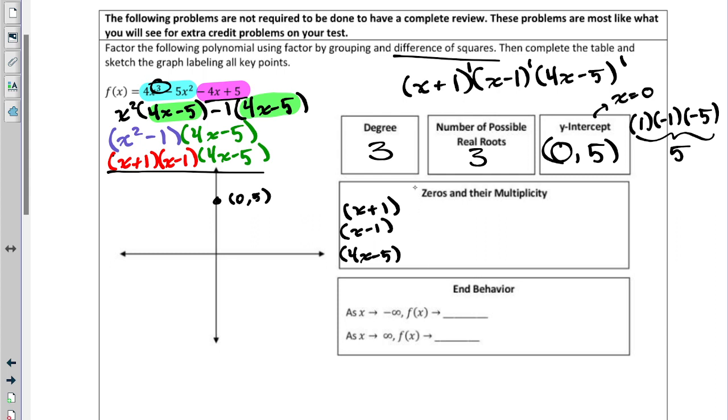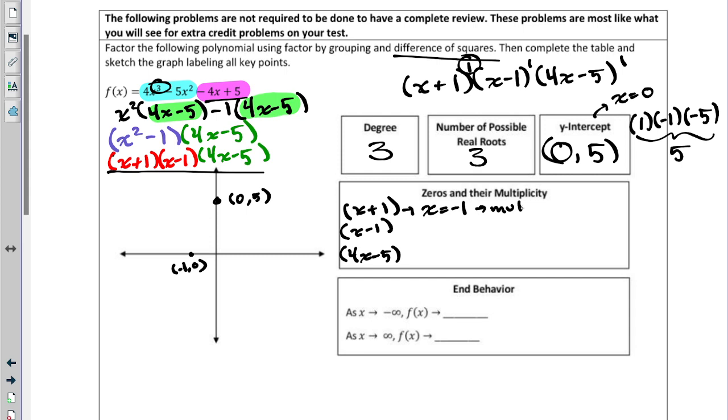And so if I multiply anything by 0, it's going to turn to 0. So the first time that happens is when x is negative 1, right? That's going to be right here at negative 1, comma, 0. The multiplicity is the number in the exponent, which in this case is just 1, or there's no number there, which means it's just 1.